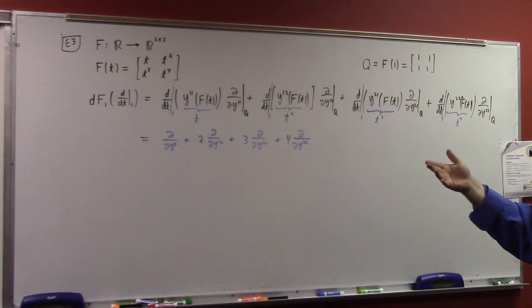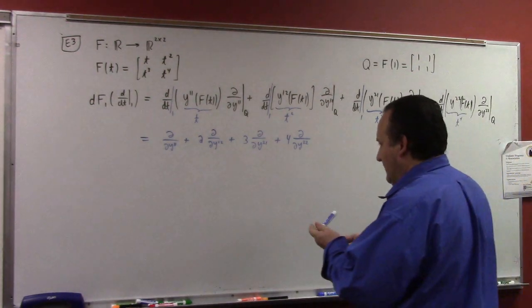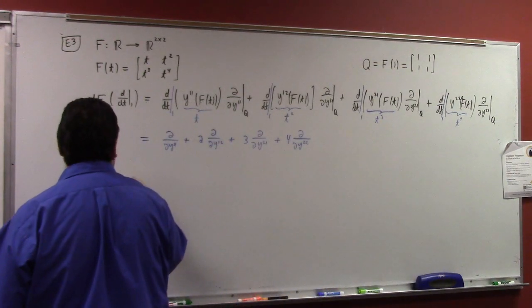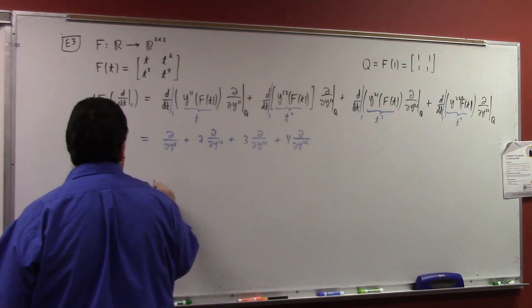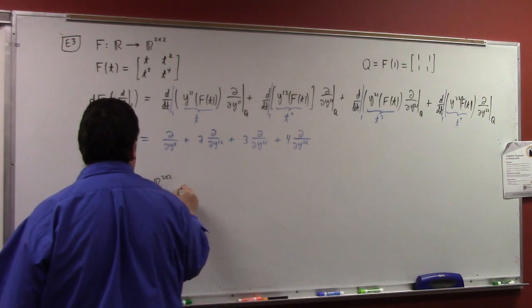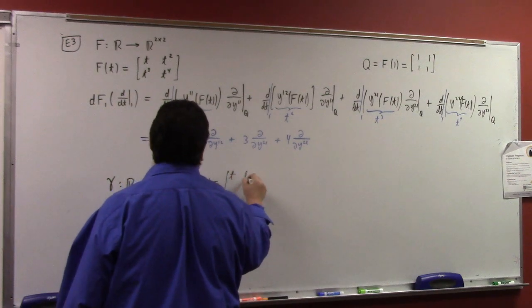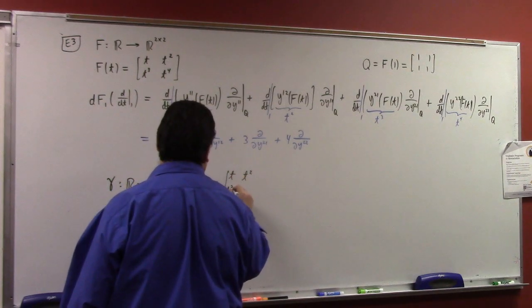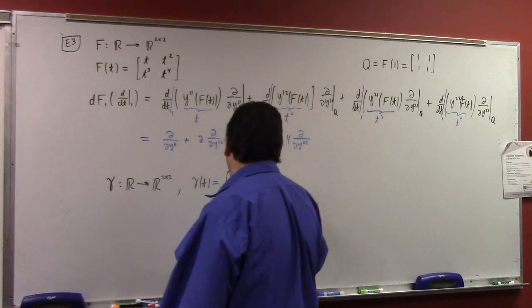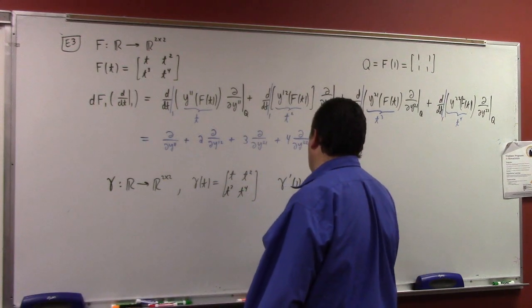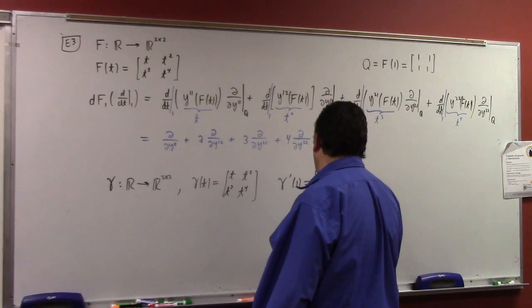My previous notation would have been something like this: gamma is a mapping from R to the 2x2 matrices, gamma of t was t, t squared, t cubed, t to the fourth, and then I would have written gamma prime of 1 is 1, 2, 3, 4, right?